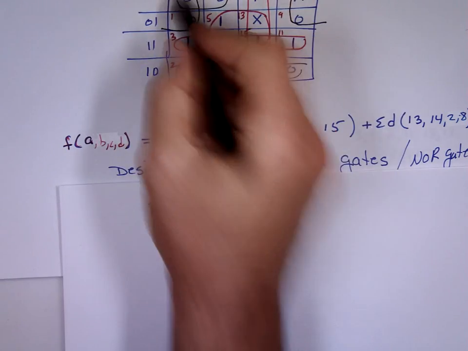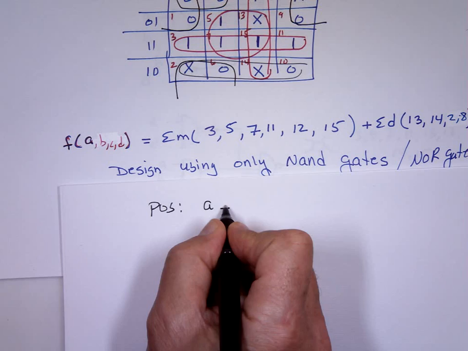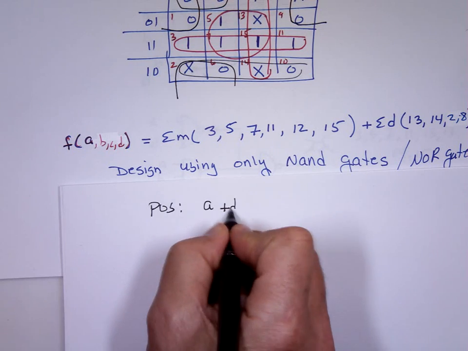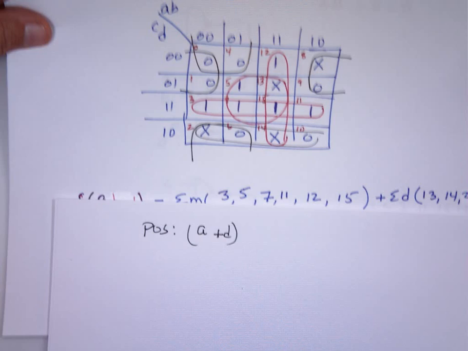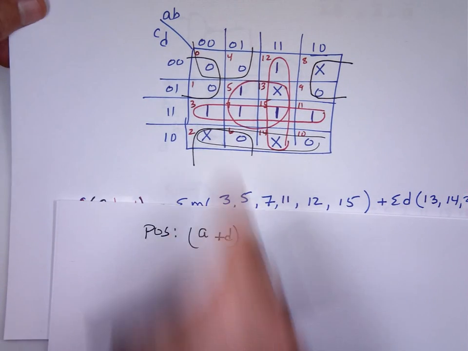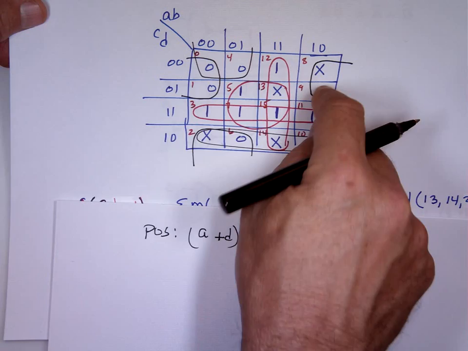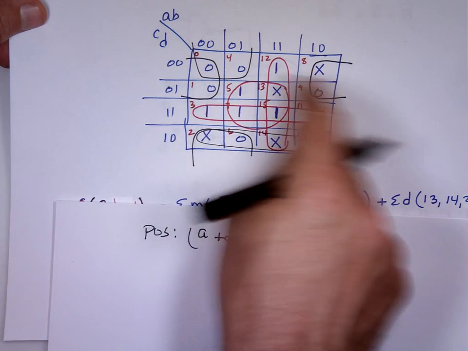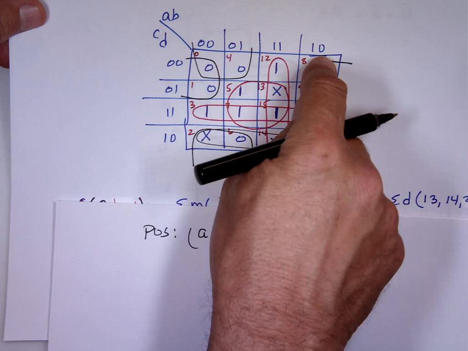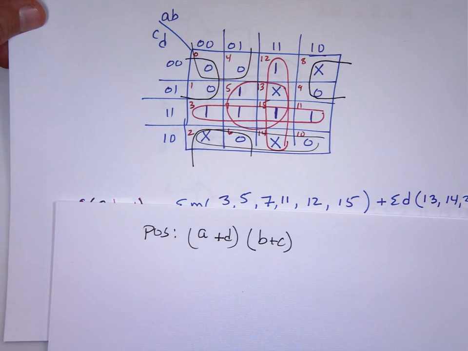A plus D. That's these 2 with these 2. These 2 with these 2. How about these 2 here? That's B plus C. And if I take the bottom layer, C plus B.